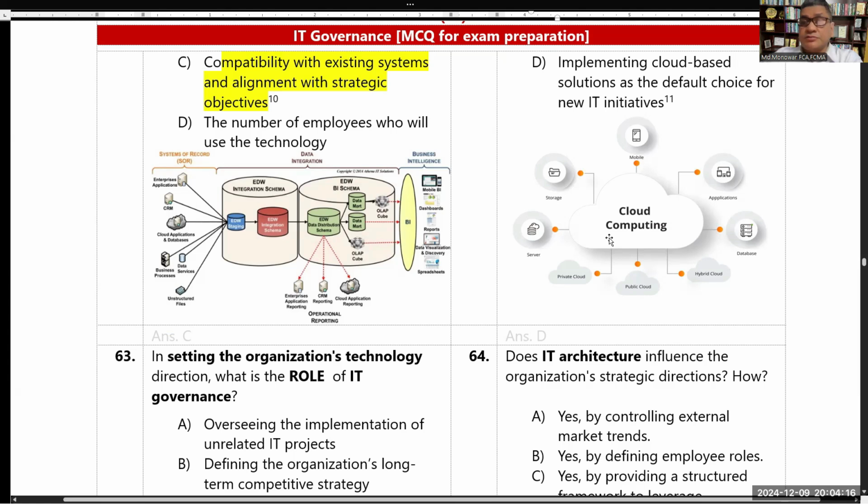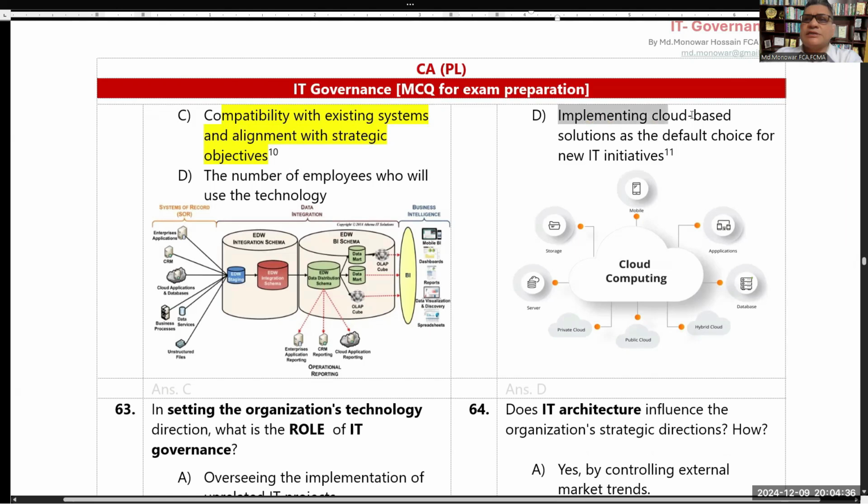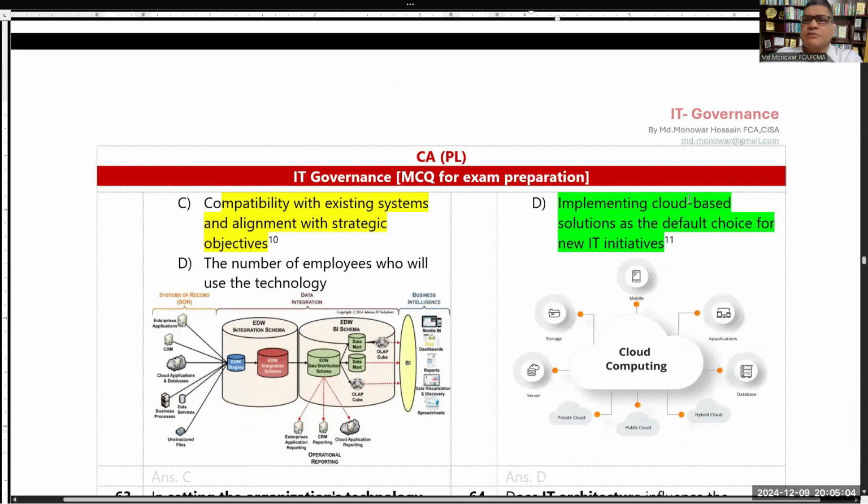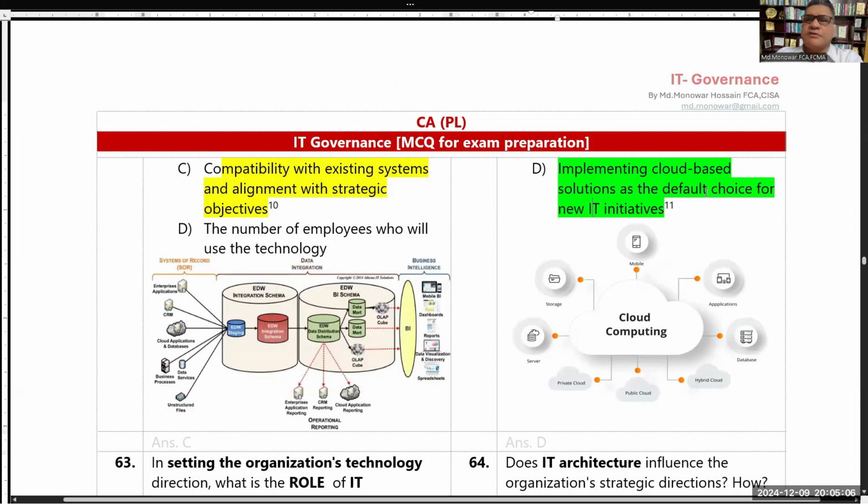We would be able to use servers, storage, different types of application software, databases, as well as platforms. And we know cloud computing can be private cloud, public cloud, and also hybrid cloud. Your answer is implementing cloud-based solutions as the default choice for new IT initiatives. So a cloud-first technology direction is best described as implementing cloud-based solutions as the default choice for new IT initiatives.